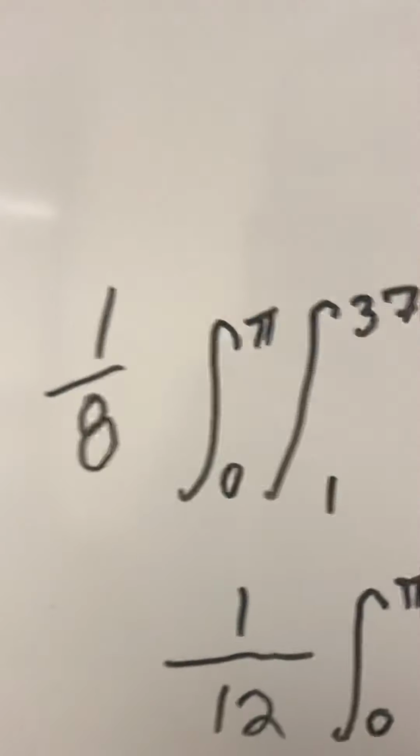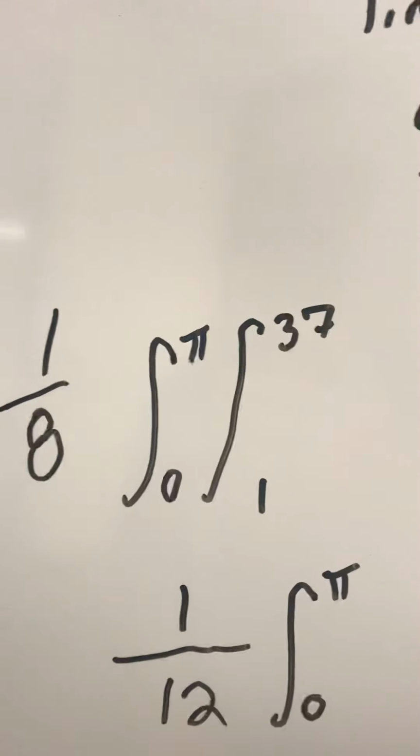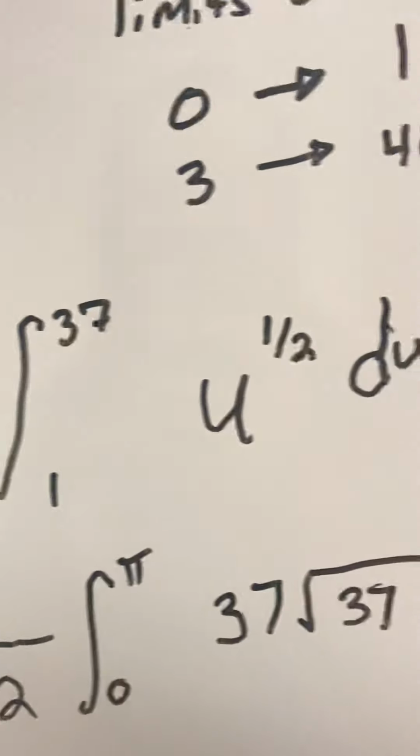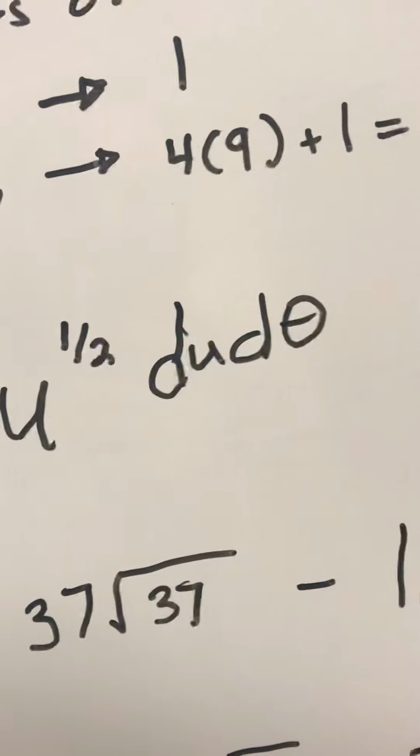Which makes our integral be 1/8, 0 to pi, 1 to 37 of u to the 1/2 du d theta.